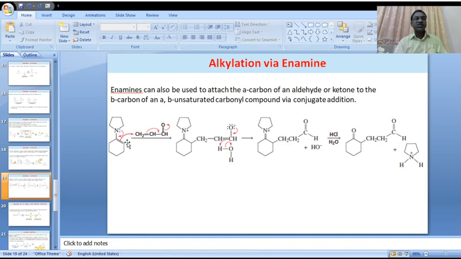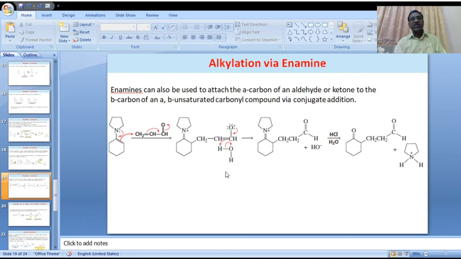That negative charged alpha carbon bonds with the beta carbon of this unsaturated carbonyl compound. Immediately the carbon-carbon alpha beta pi bond is cleaved, and the electrons shift to oxygen. That oxygen gets negative.